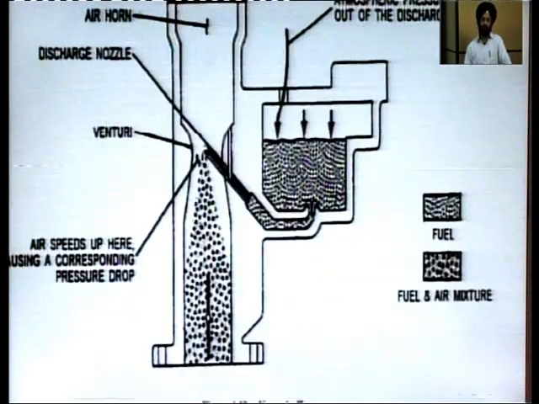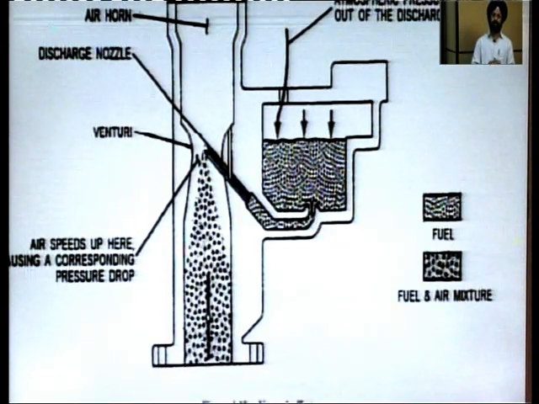But now we will discuss what this is. This is the working of a simple carburetor. What is the outer side? There is a barrel, which is called the body of the carburetor.